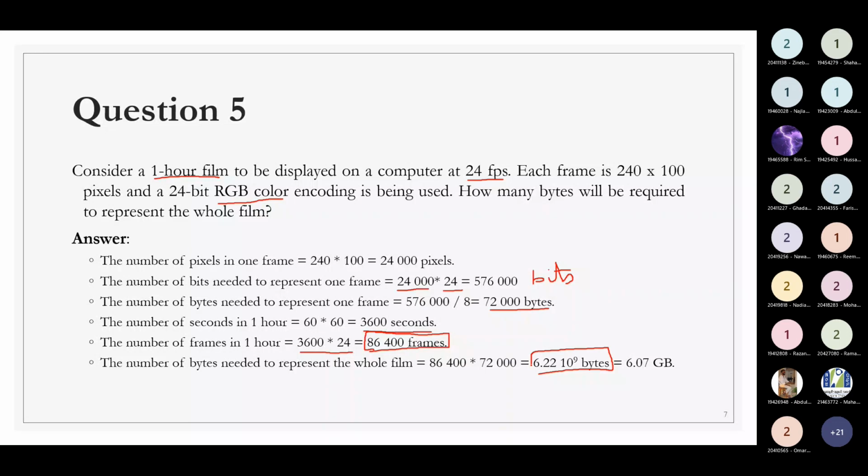To calculate this amount in gigabytes, we need to divide it by 2 power 30. So you will have 6.07 gigabytes.